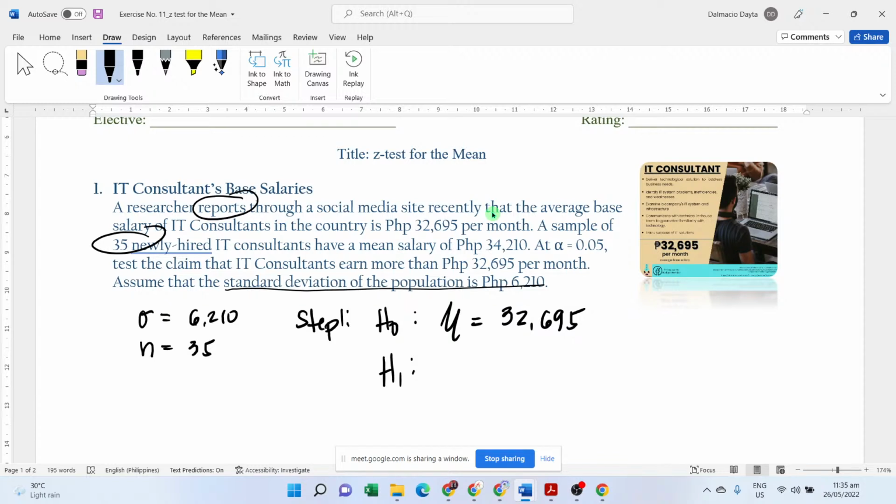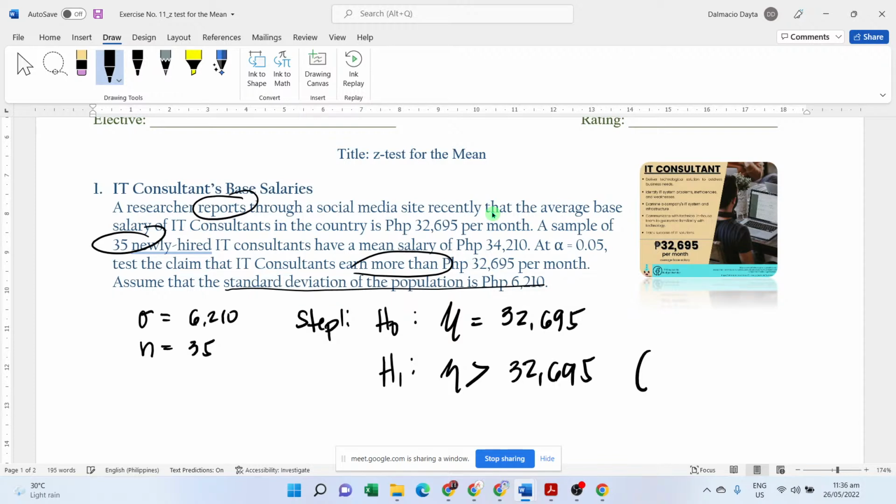Test the claim that consultants earn more than, doon natin makukuha. Therefore, the alternative hypothesis, mu is greater than 32,695.